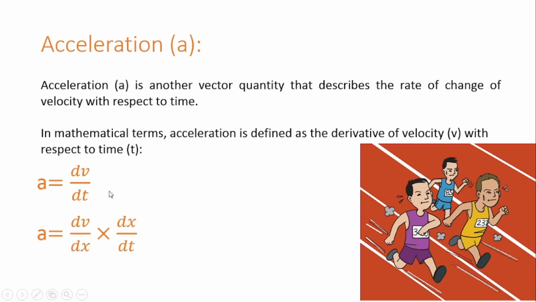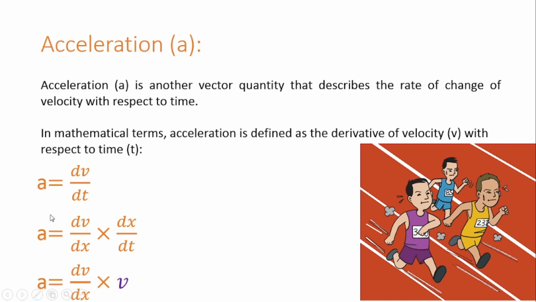Also there is one more formula: dv by dx into dx by dt. Here dx and dx get cancelled, so we get the same term dv by dt. But dx by dt is nothing but the velocity, as discussed in the previous slide. So the acceleration is equal to dv by dx into v. This is the second formula for the acceleration.